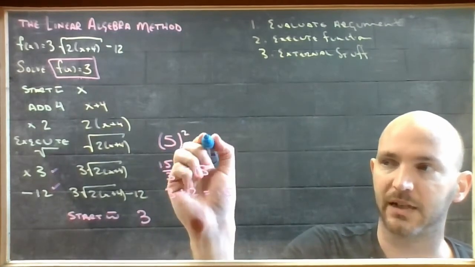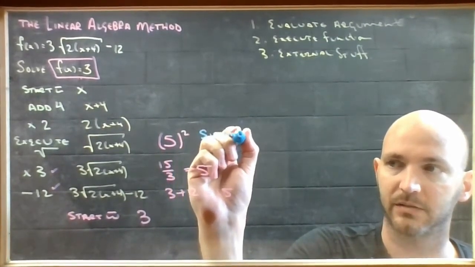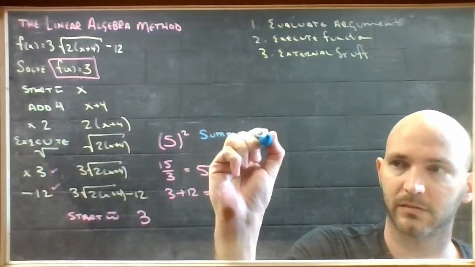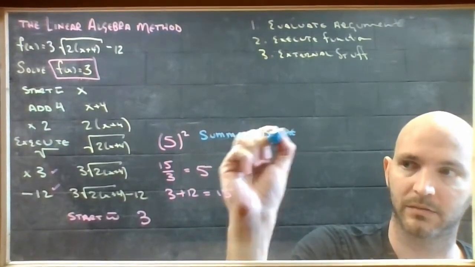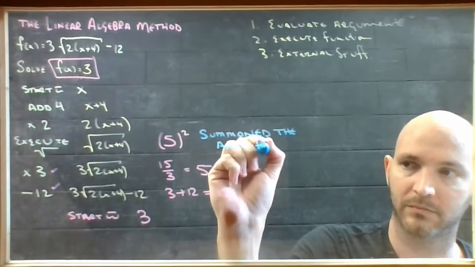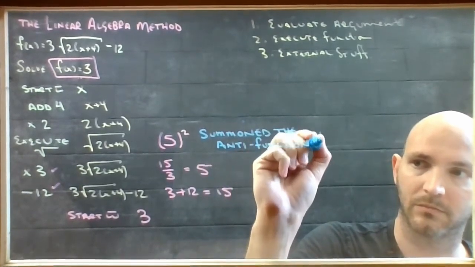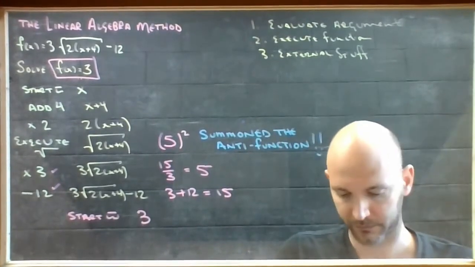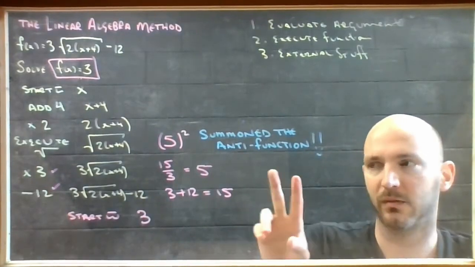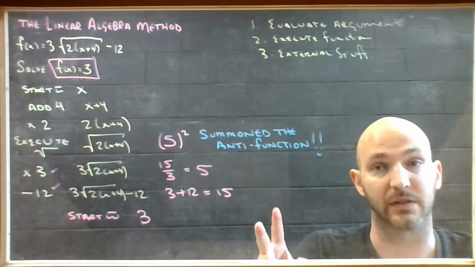What you did there was you summoned the anti-function. So square root and square are a special pairing because they undo each other.